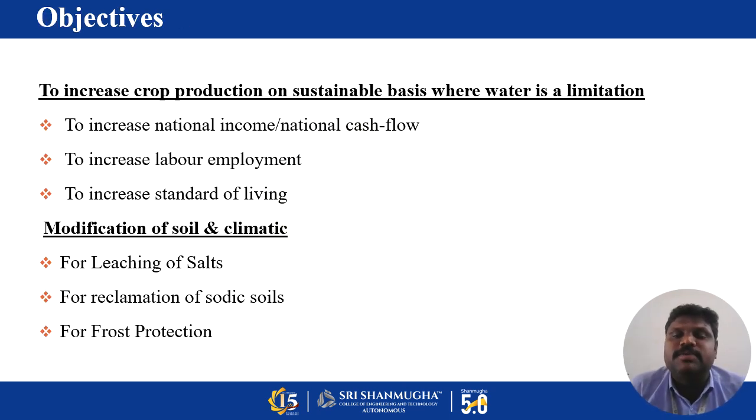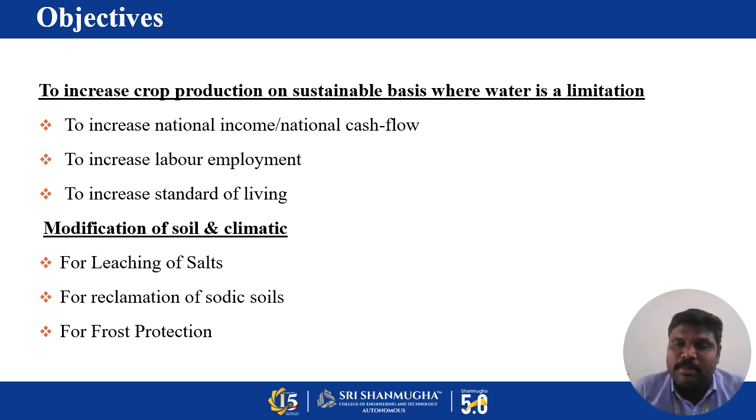The main objectives of water management are to increase crop production on a sustainable basis where water is a limitation, to increase national income, to increase labor employment, and to increase the standard of living.